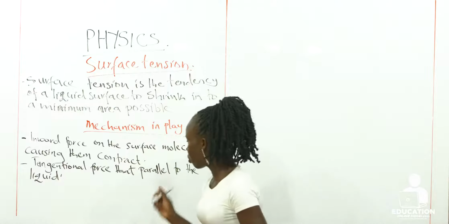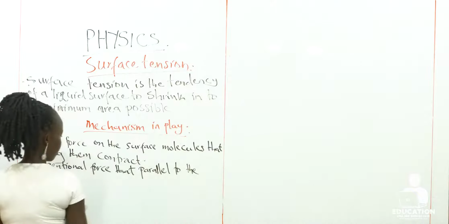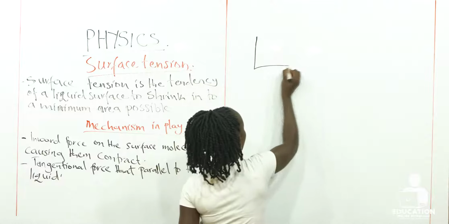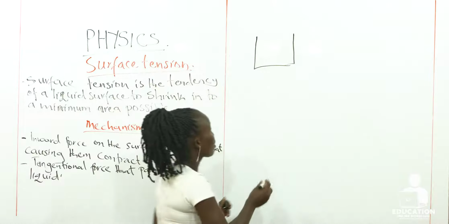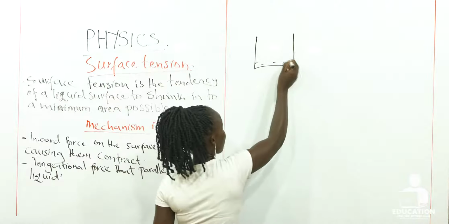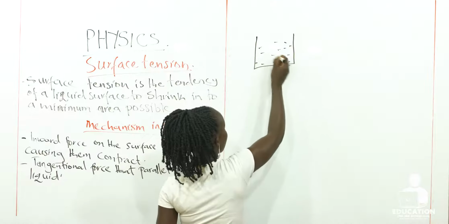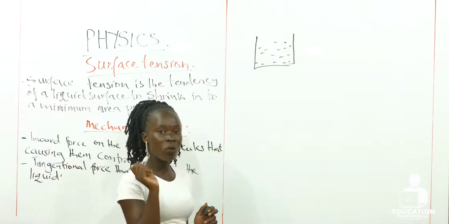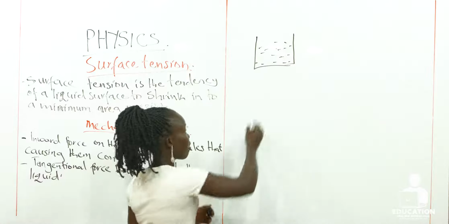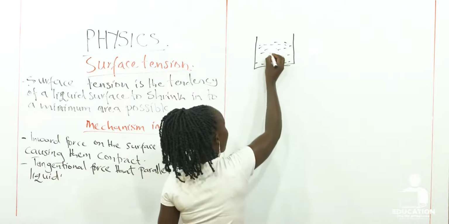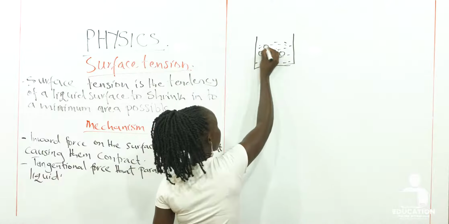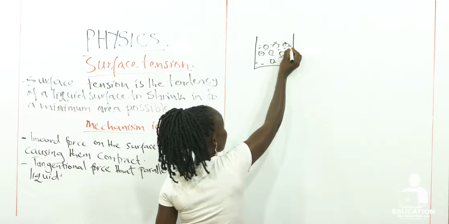If we have our container, we assume this container has got liquid in it. This liquid has particles which we call molecules. There are molecules all over this liquid, up to the surface of the liquid.